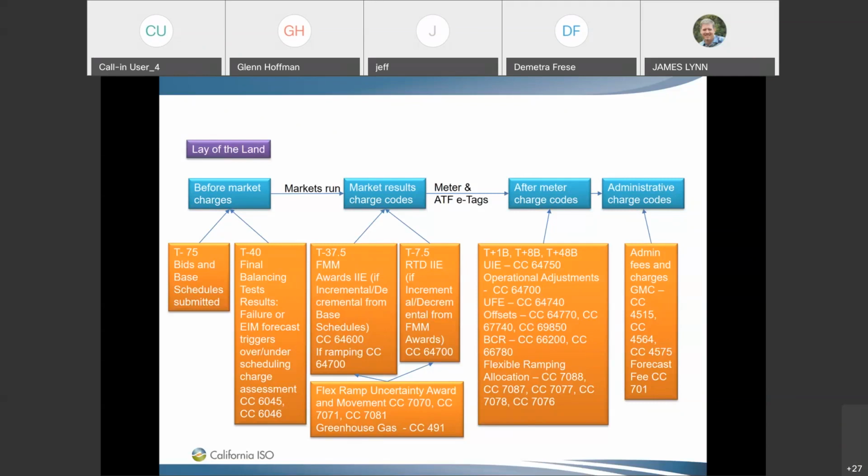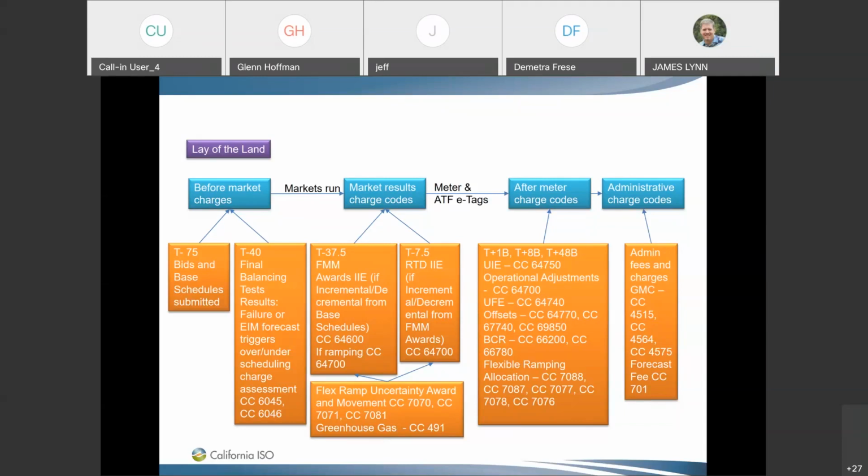So it behooves BANC and everybody else to come in and pass those tests, because then we're reducing the amount of flexible ramp we need to meet the overall EIM area flexible need and net load changes for the EIM area.